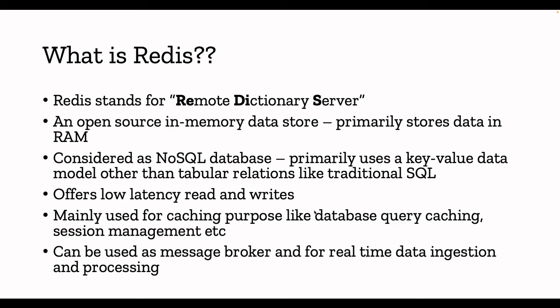Every time you make a query to your SQL server, there are so many read and write IO operations happening on your database. Let's say there are frequent queries. You can use Redis for caching, and this will help increase the speed of your query. This is how Redis is being used in industries nowadays.